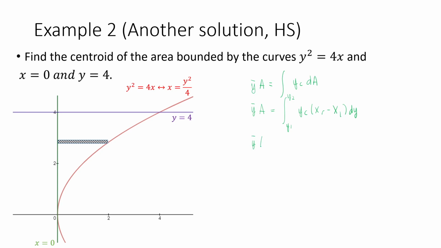So y sub c is just equal to y, because again, we can average something out of the line, right? So 0 to 4, this one is just y, right?